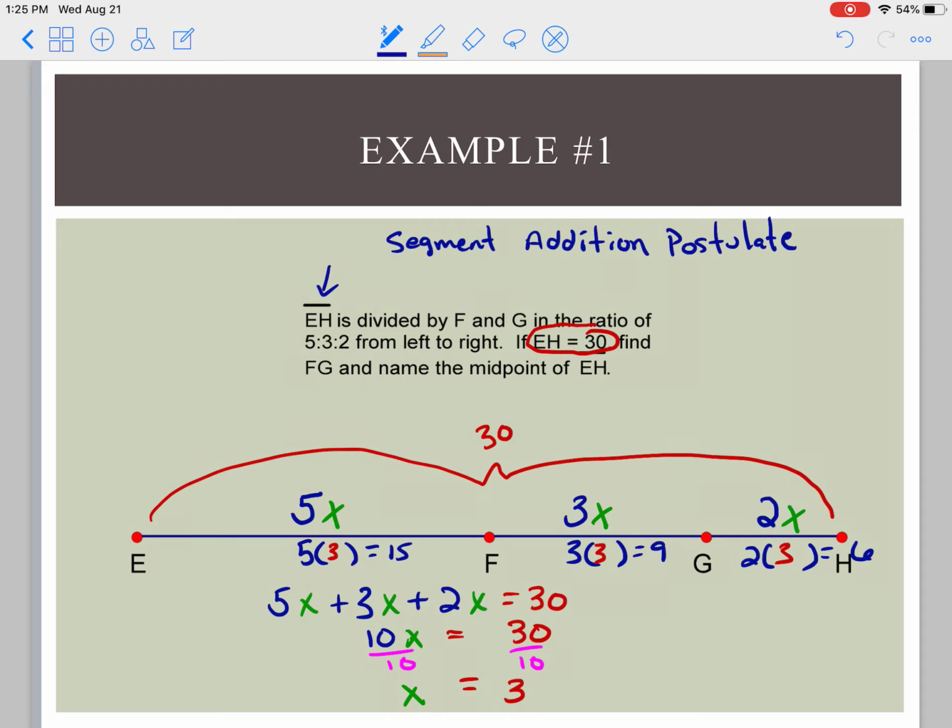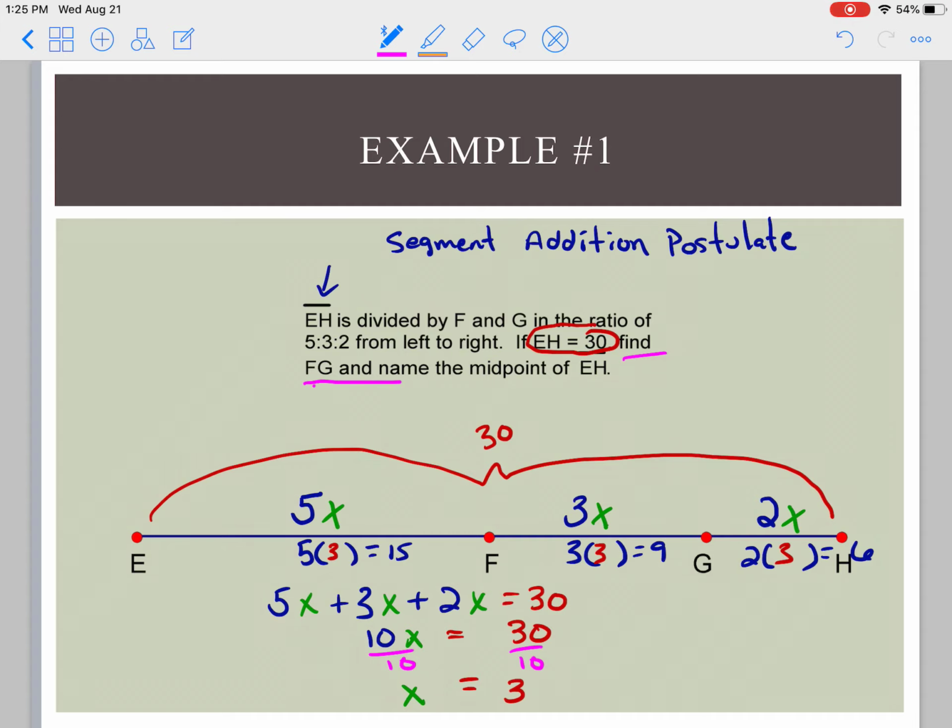So now I have a length of 15, 9, and 6, but I'm not finished because I have one more question that I need to answer. Find FG, which I have done, and name the midpoint of EH. So I found FG, that one's checked off. But the midpoint of EH, I still have to find. Well, what does a midpoint do?